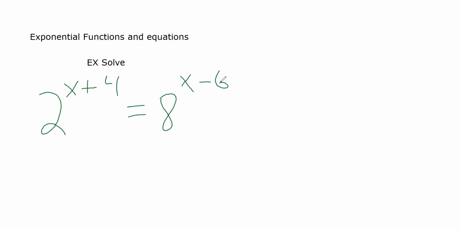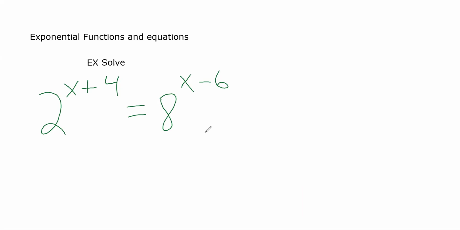Now, remember our strategy so far has not been to use any kind of advanced techniques. What we need to do is see if we can re-express the equation in a manner that it's just something raised to the something with the same base on both sides, perhaps raised to different exponents.